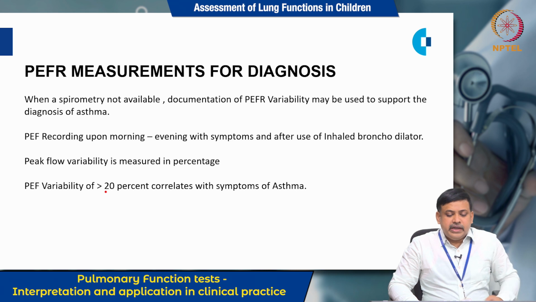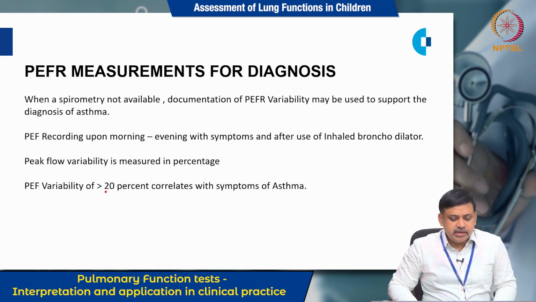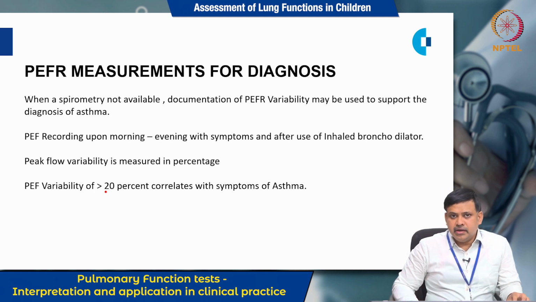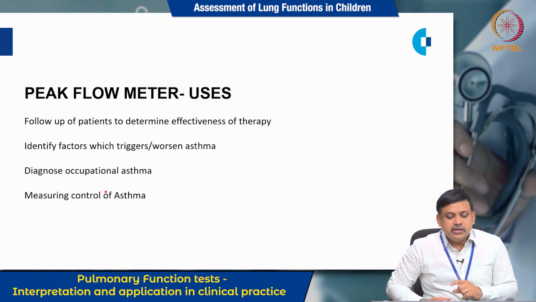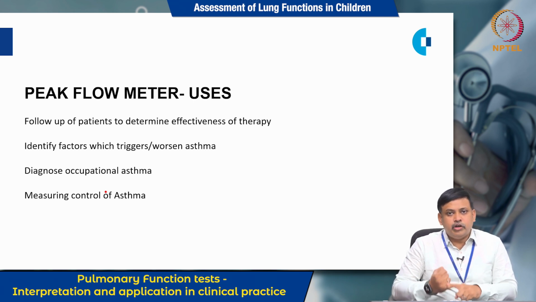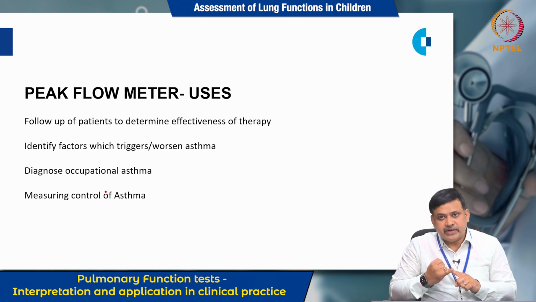Peak flow variability is measured in percentage. A peak flow variability of more than 20% correlates with symptoms of asthma. The uses of the peak flow meter are: it is commonly used for follow up of patients to determine the effectiveness of therapy.